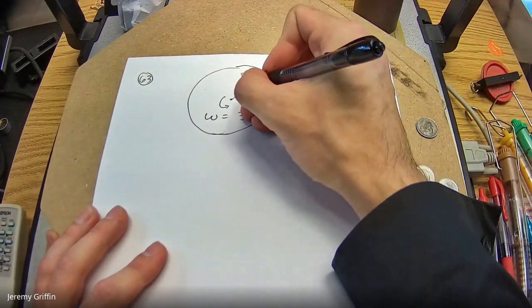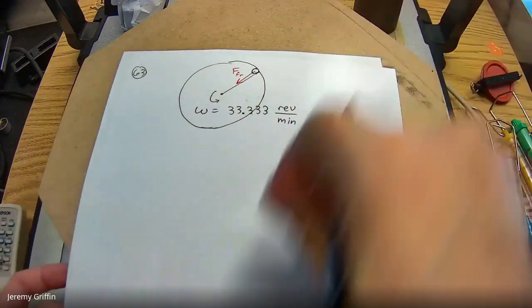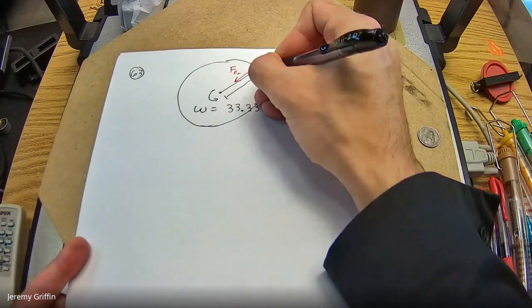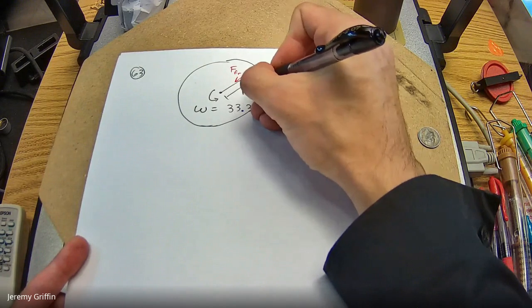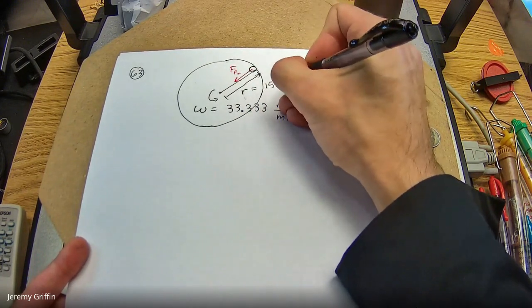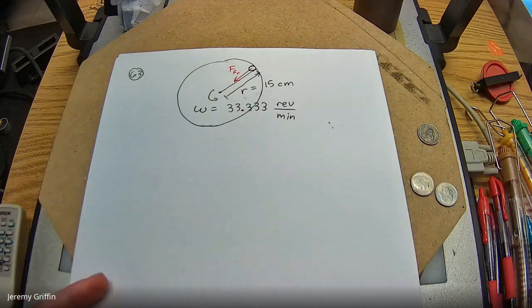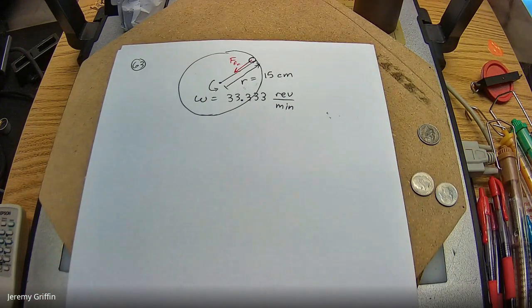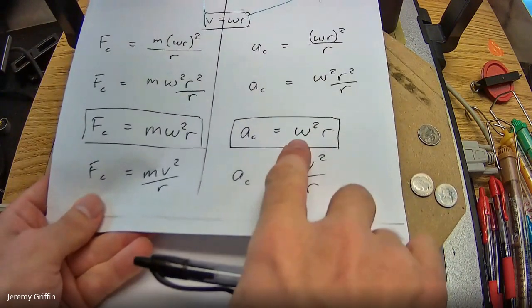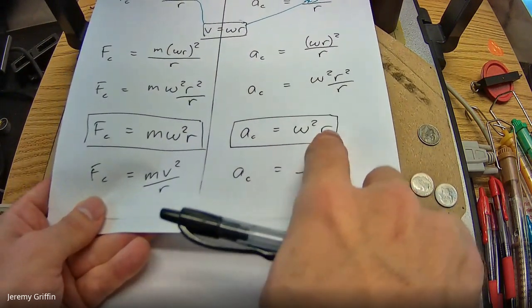Okay, some distance from the center. Maybe I'll just draw one of them, at some radial value of, let's say, 15 centimeters. So what is the centripetal acceleration? I just gave you guys a formula for that. I said centripetal acceleration is the spin rate squared times the radial location.